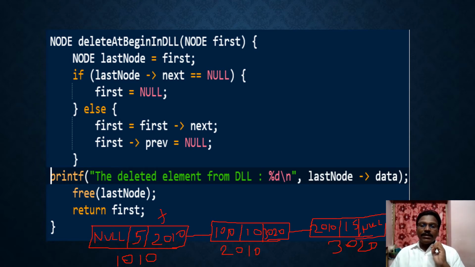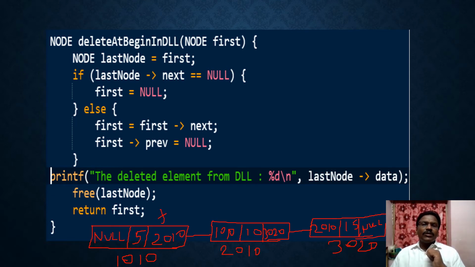The existing linked list has three elements in the double linked list: 5, 10 and 15. The first is representing 1010, then 2010 and 3020. That is the present linked list. Now call the delete at begin function.